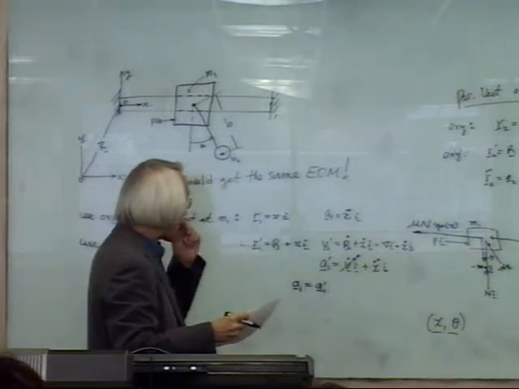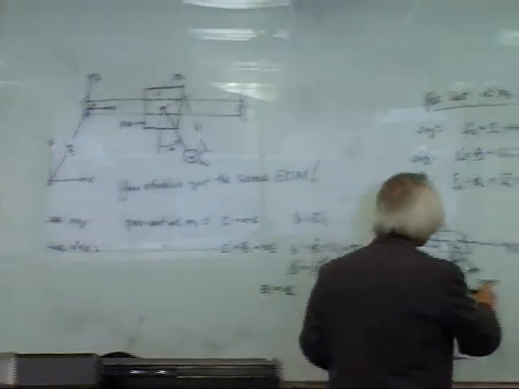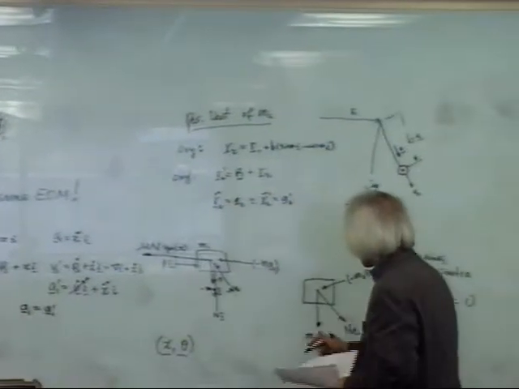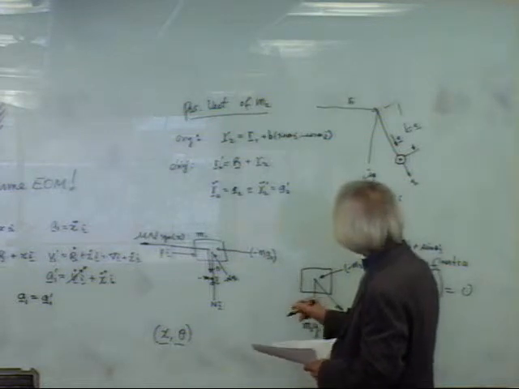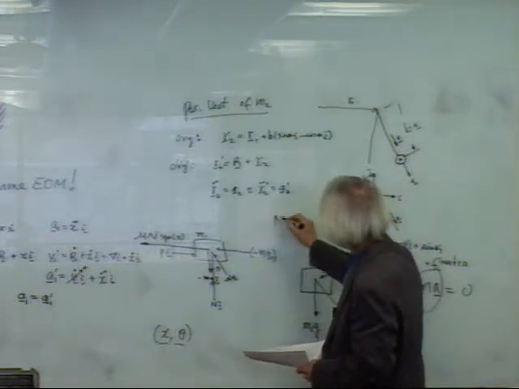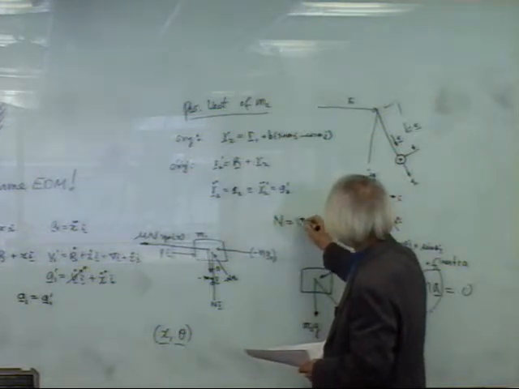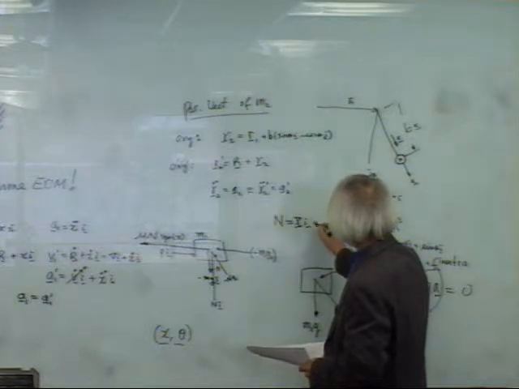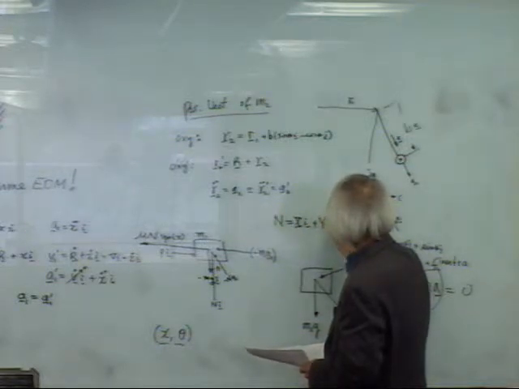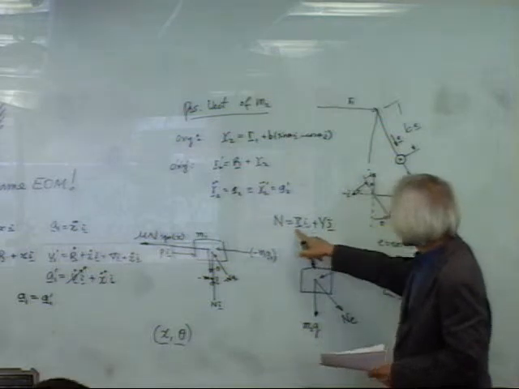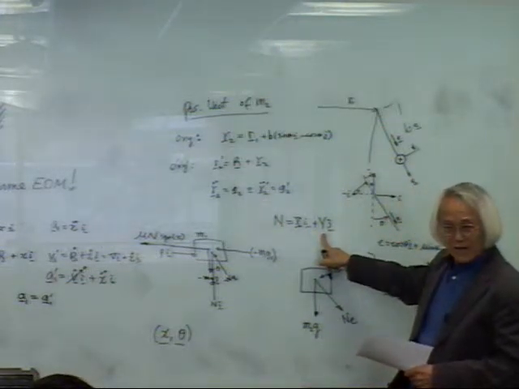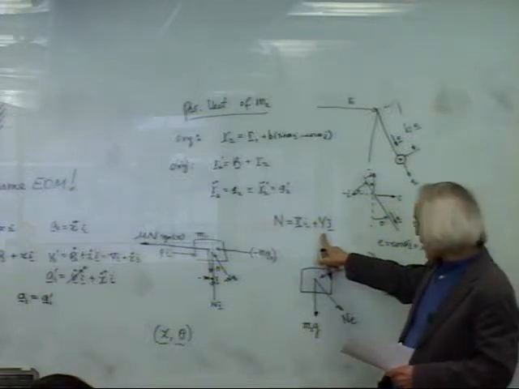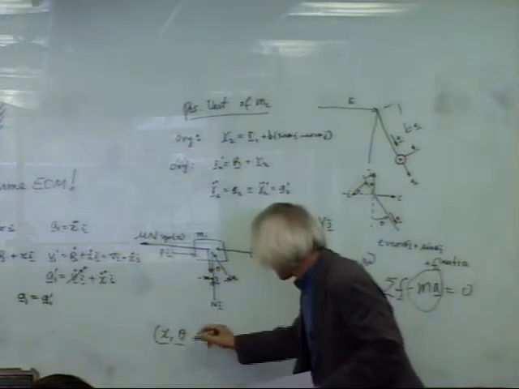Okay? So the reason why we have 4 equations will become clearer if I say N is x component i plus y component j. N actually consists of these x, y components. Okay? So now suddenly we have 4 unknowns.